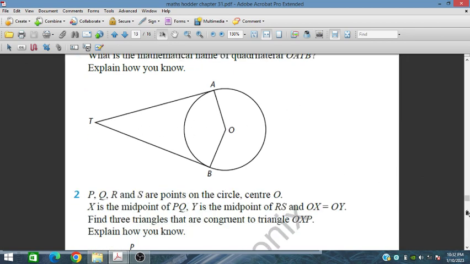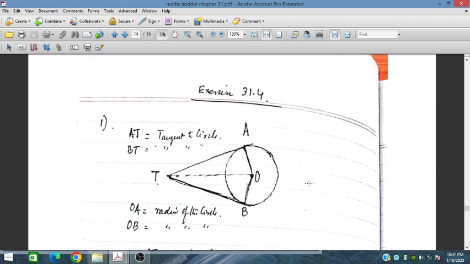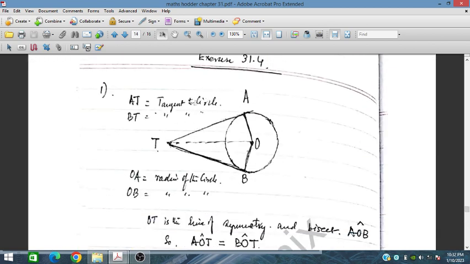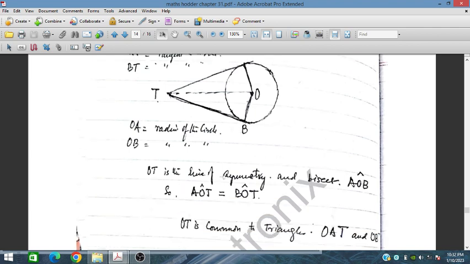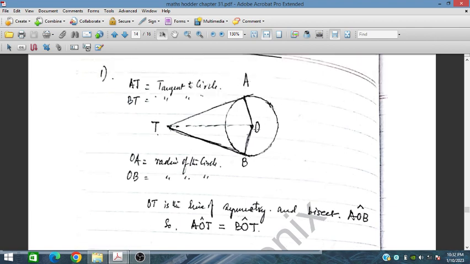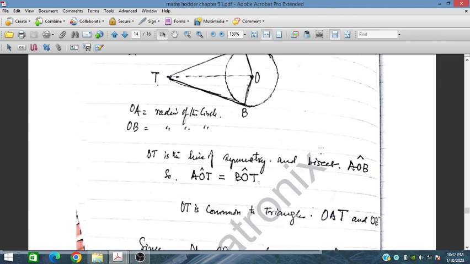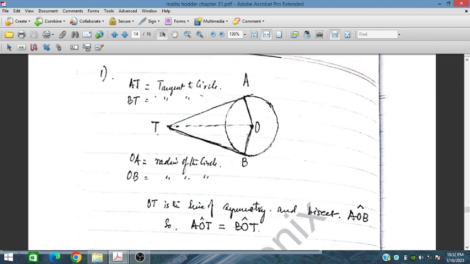So let's solve it. Here we have AT is a tangent to the circle, BT is also a tangent to the circle, OA is the radius, and OB is the radius. OT is the line of symmetry, and it bisects AOB. This line of symmetry bisects this angle, so AOT is equal to BOT.